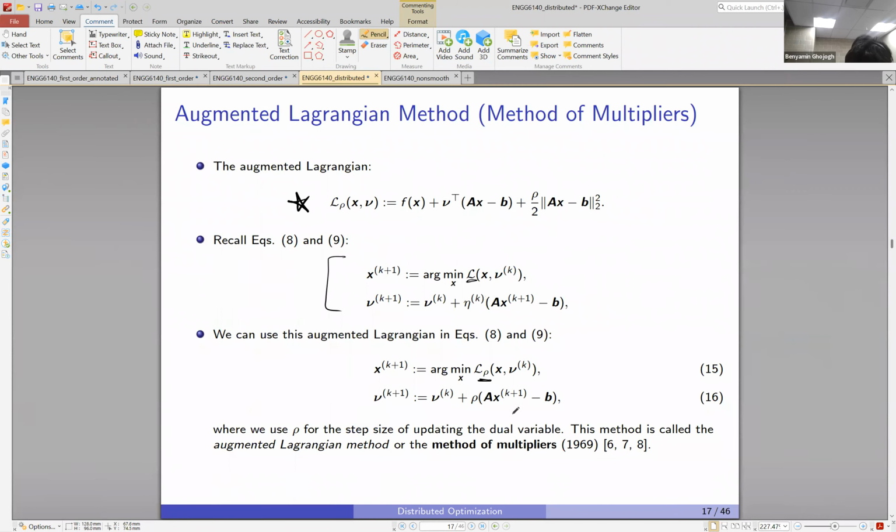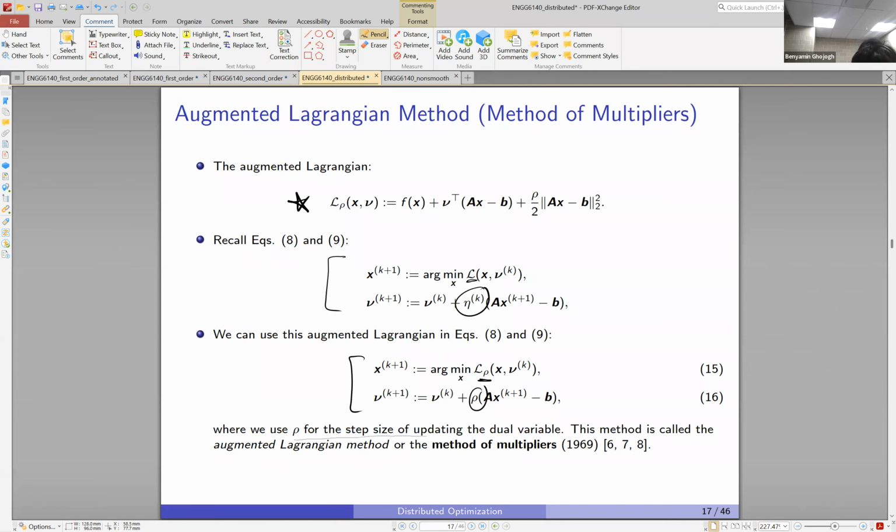And what do I have here? That's the thing. The only difference is this, okay? Oh, no, there is a difference here. Here we had eta as a learning rate, but now I changed the learning rate to be rho. I don't want to have too many parameters, so I make this parameter the same as the parameter in the augmented Lagrangian. Okay, so now I have these two.